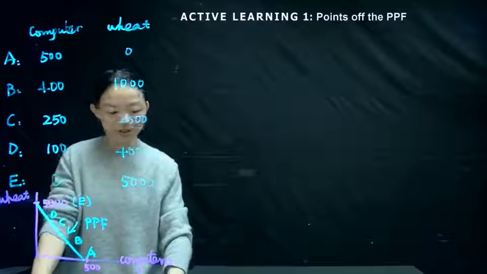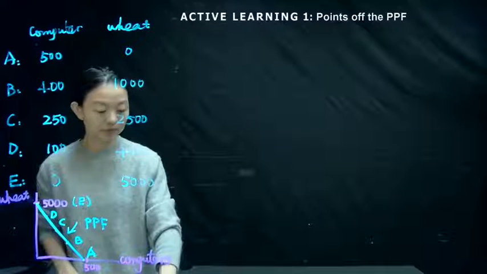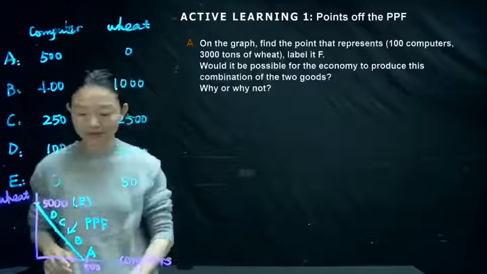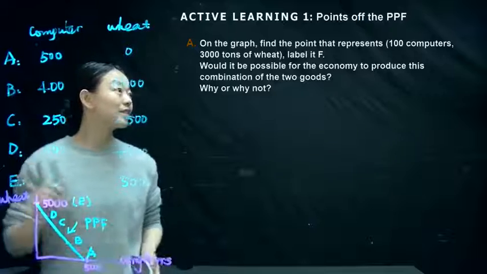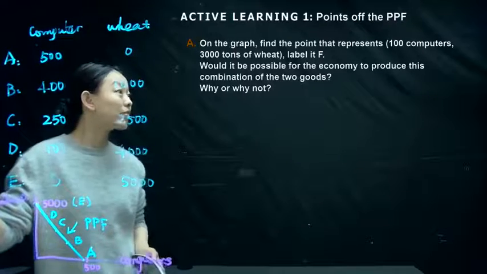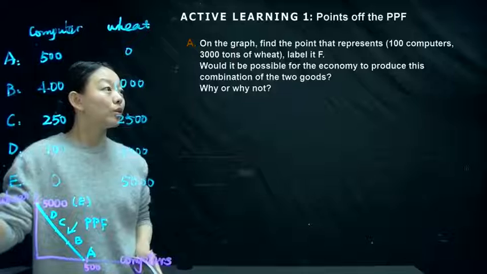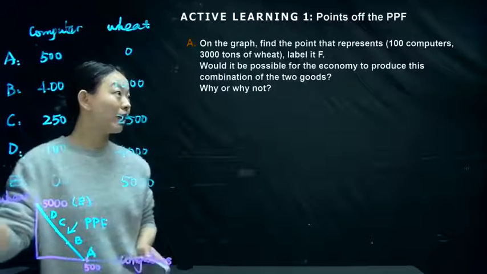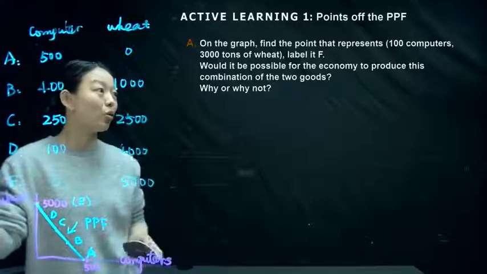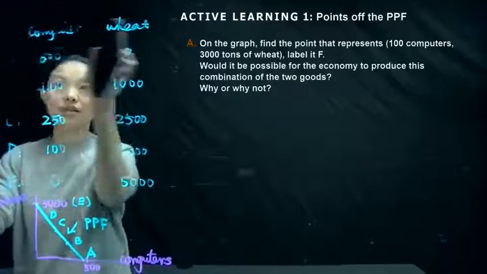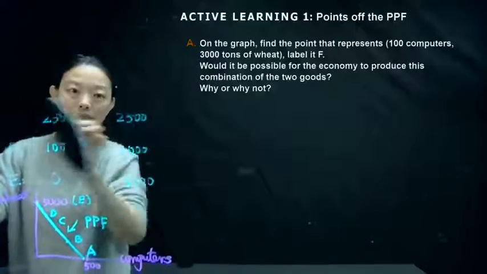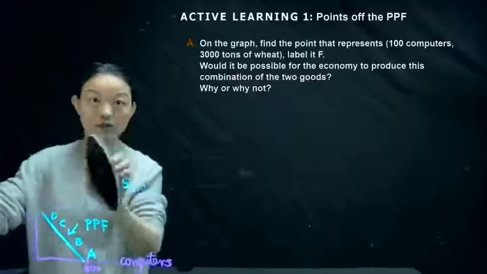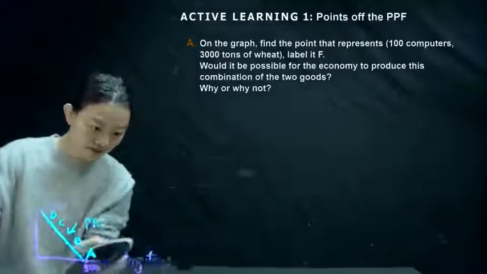Now, let's just look at one question. On the graph, please find the point that requires 100 computers and 3,000 tons of weight and label it as F. Will it be possible for the economy to produce this combination? Why or why not? Okay, so let's see. Let me just erase these, okay?